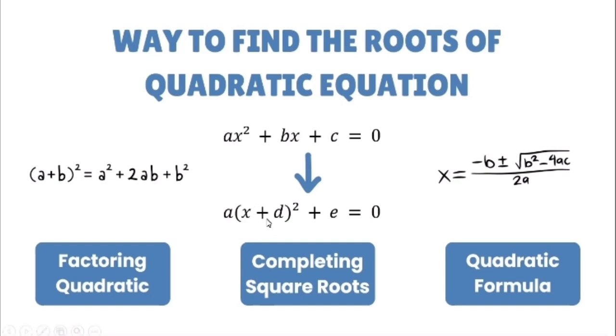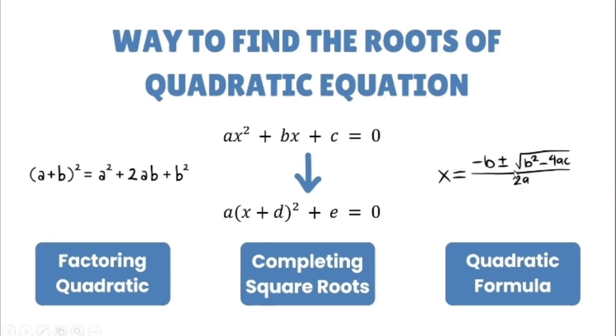The second way is completing the square. Completing the square is where we take a quadratic equation like this and turn it into this. And the last way is the quadratic formula.